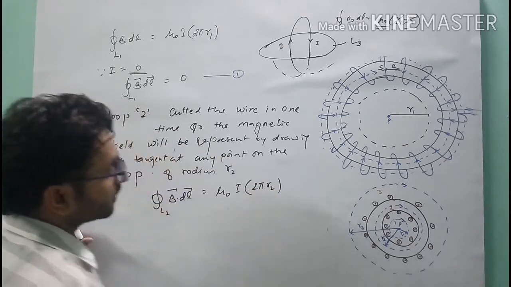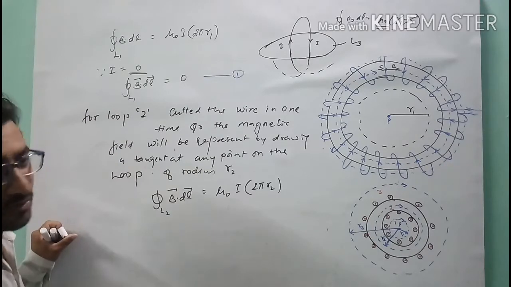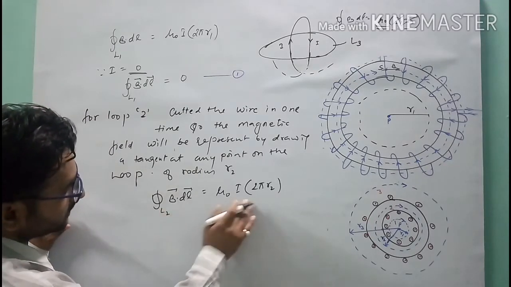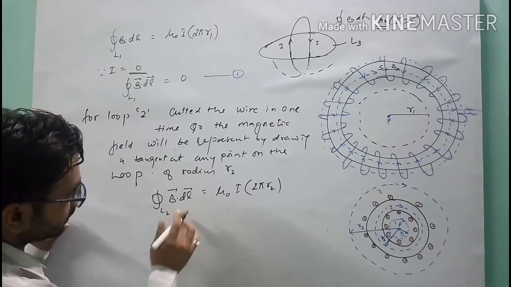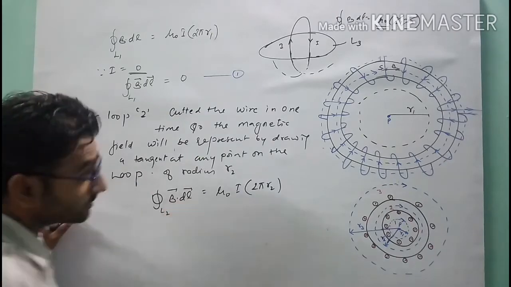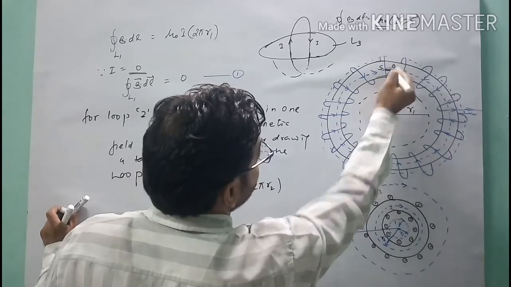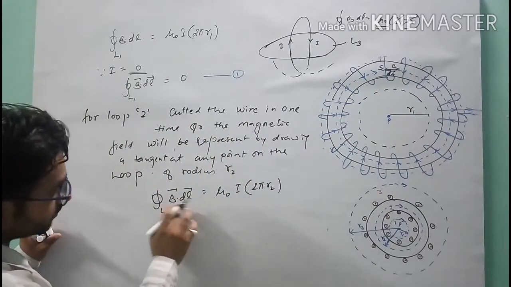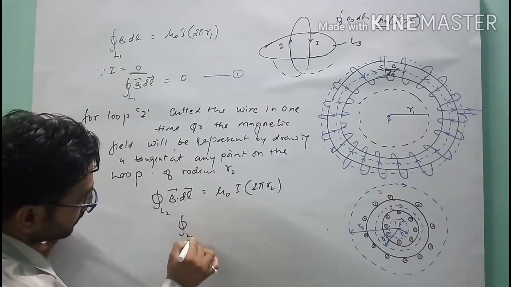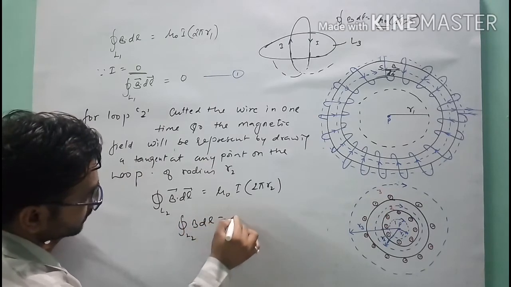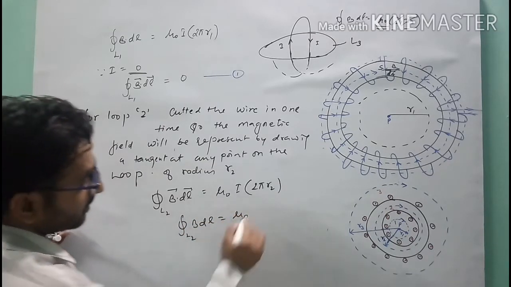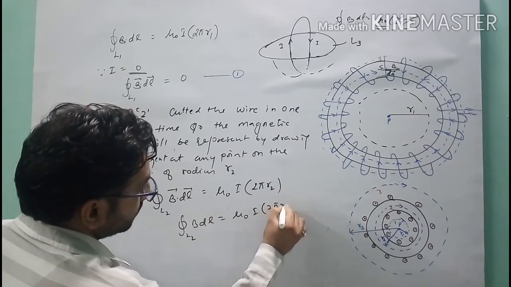So when I solve this B dot dl, as we know that the line element direction dl vector and B are both in the same direction, I will write directly the integral over L2 of B dl is equal to mu naught times I into 2 pi R2.